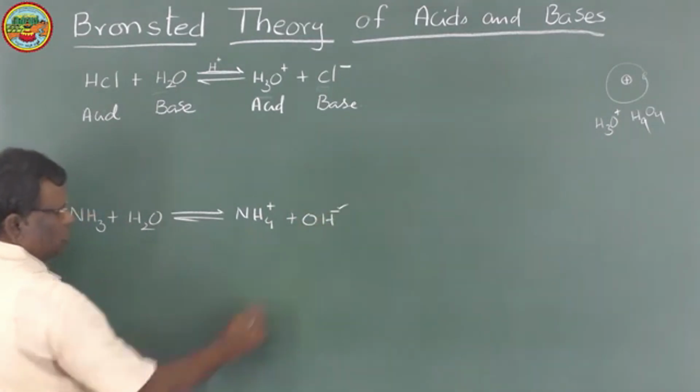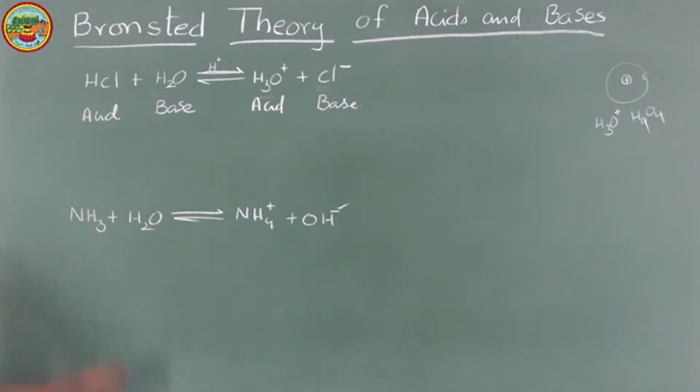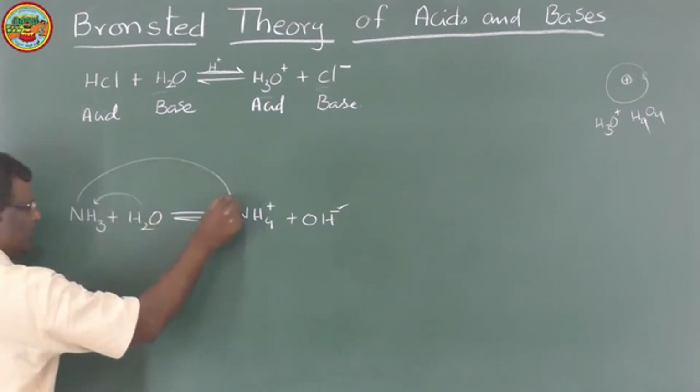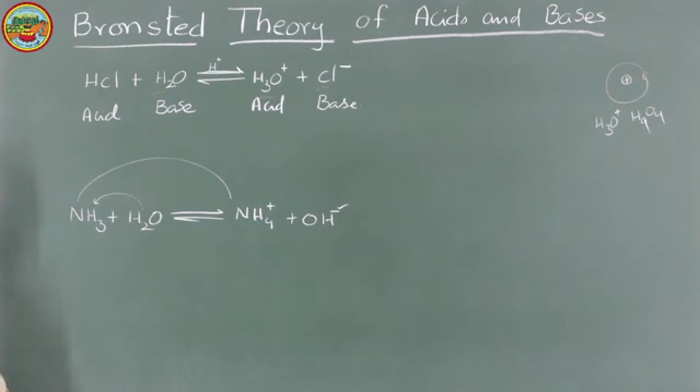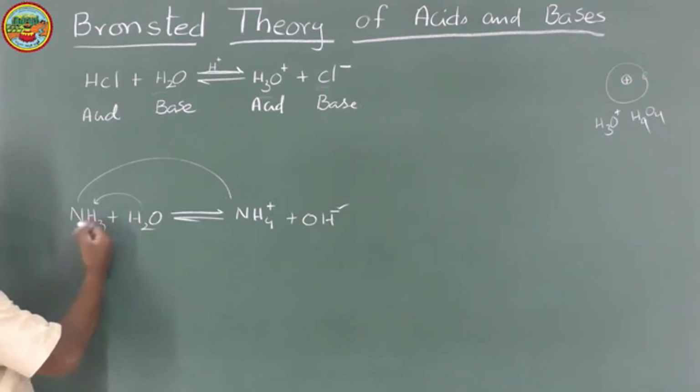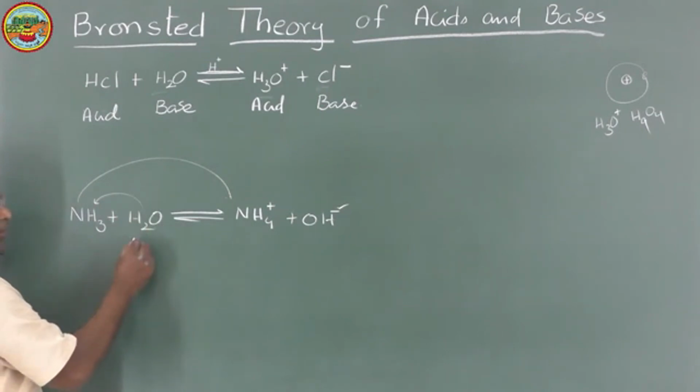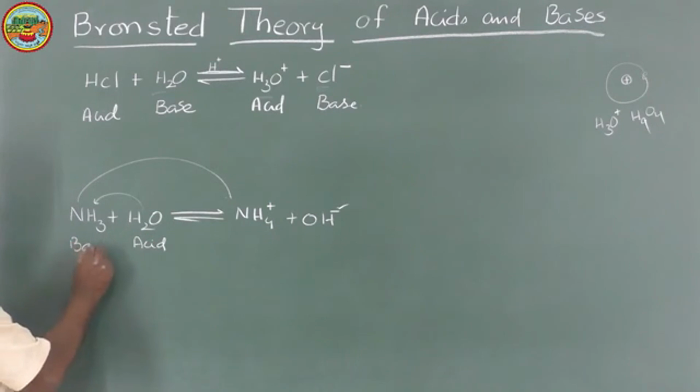Conversion of H2O into OH minus will take place when H plus ion is removed from it. That means it is donating H plus ion to NH3 so that NH3 will convert into NH4 plus. So here H2O is donating a proton, NH3 is accepting a proton. So H2O will behave as an acid, NH3 will behave as a base.